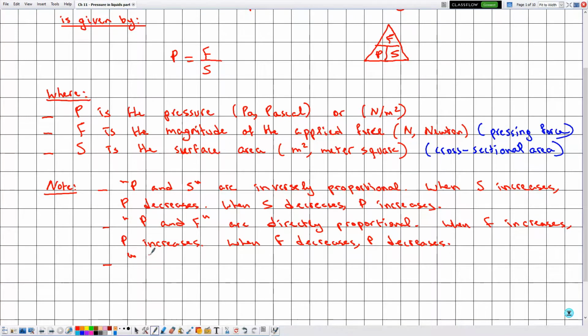So F and S are directly proportional, which means that when S increases, F increases. When S decreases, F decreases.